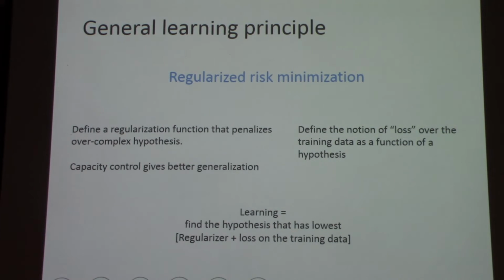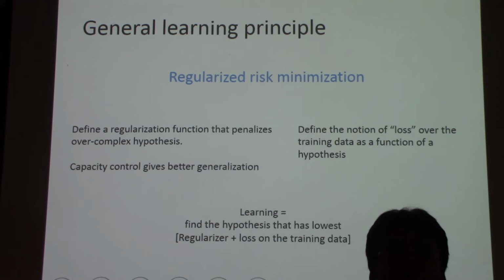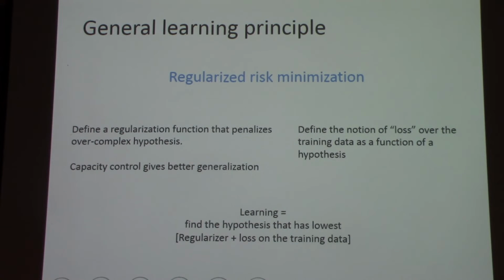Step number 2, write down a regularizer that penalizes complexity in some way or another. For example, if you have a linear classifier, the penalty for complexity is W transpose W, the norm of the weight vector. Then write an objective function that's the sum of your regularizer and the average, or the sum, of the loss over the training set.